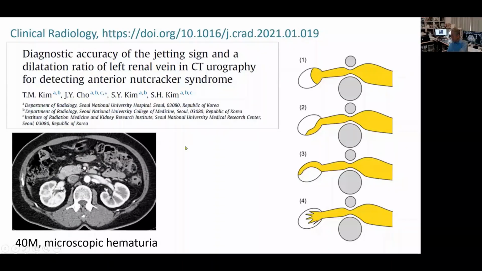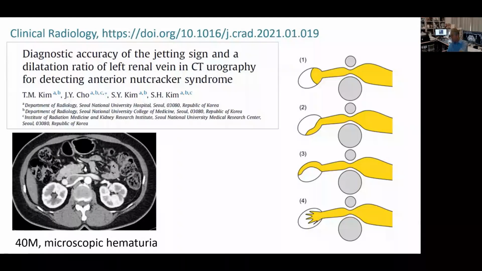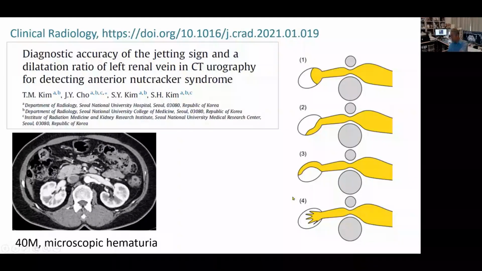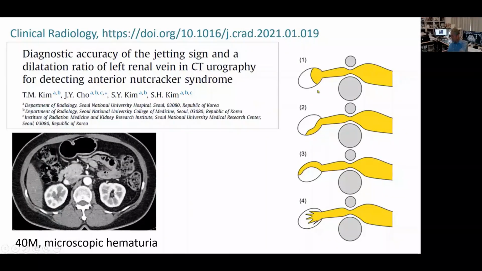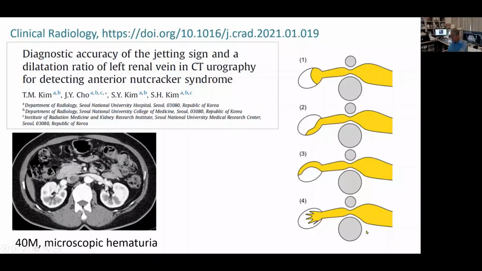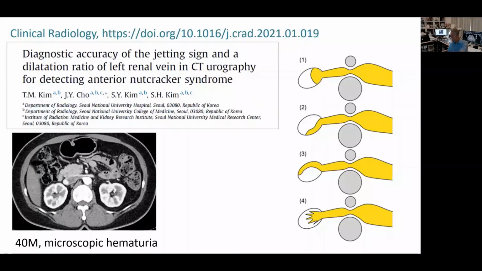This is another article we published recently in Clinical Radiology, and we found that there are four patterns of contrast-opacified left renal vein flow. First, plug flow that is definitely normal, and the last is a jetting pattern that is definitely abnormal, indicating Nutcracker phenomenon.